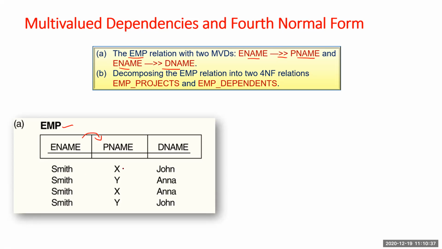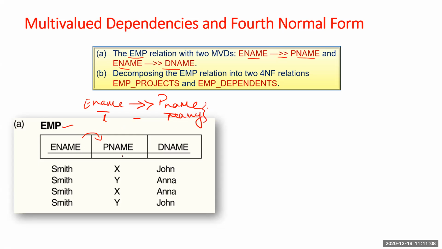One employee can work on any number of projects. So for Smith, multiple values of pname are generated. That is why we say ename multi-determines pname. I have one to many, so that means I have a multivalue.